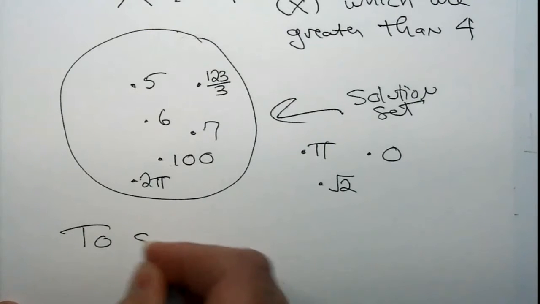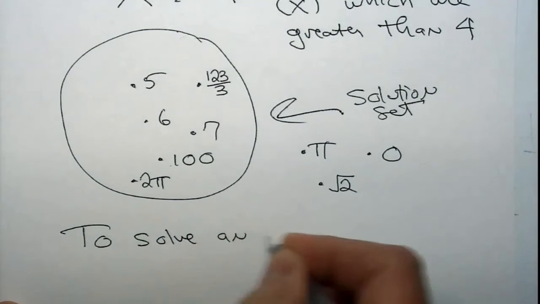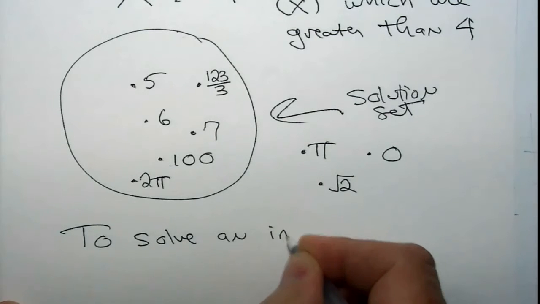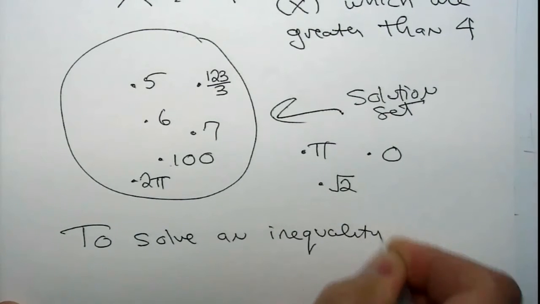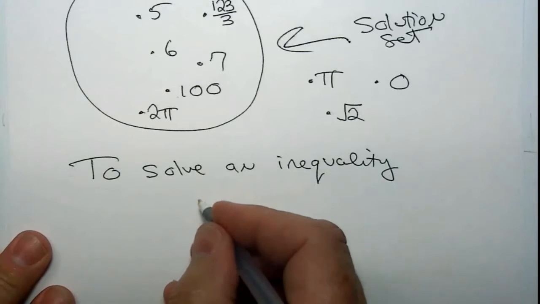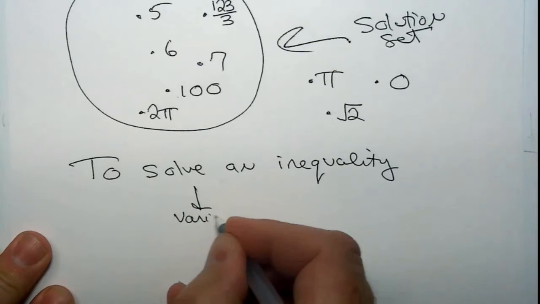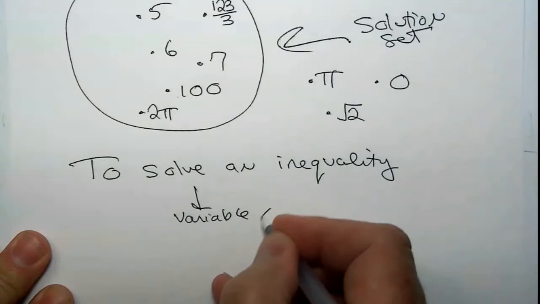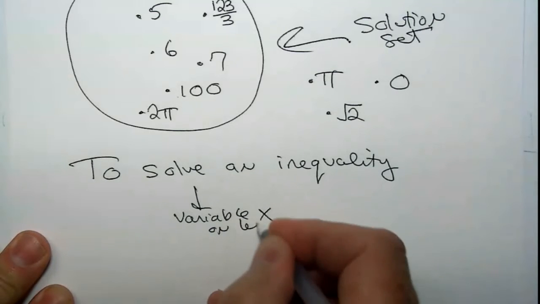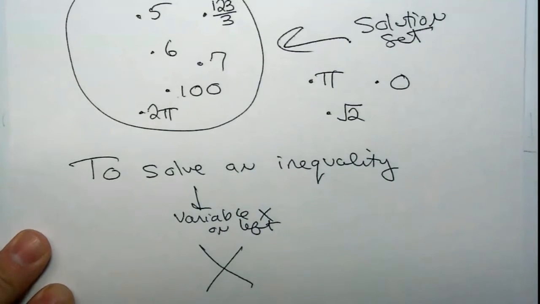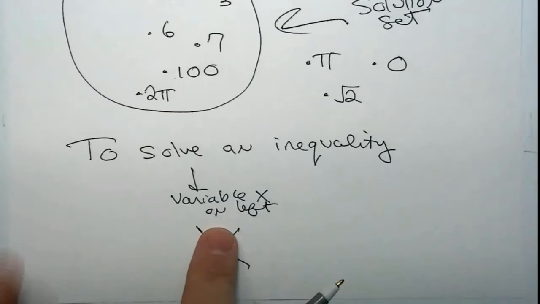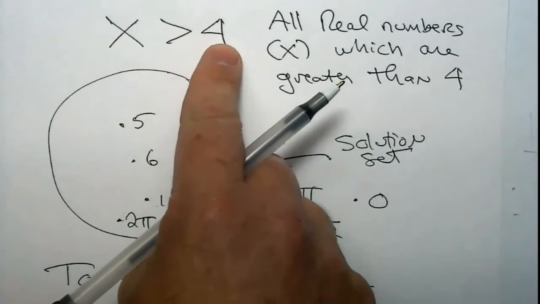Now, to solve an inequality, what I want you to do is I'd like the variable x on the left. So I don't want your solution to have the variable x on the right. We don't want it over here.